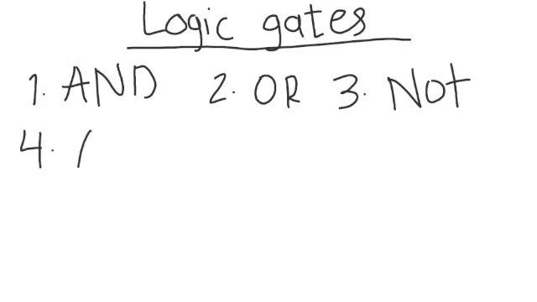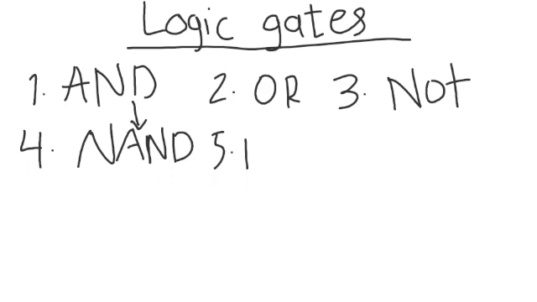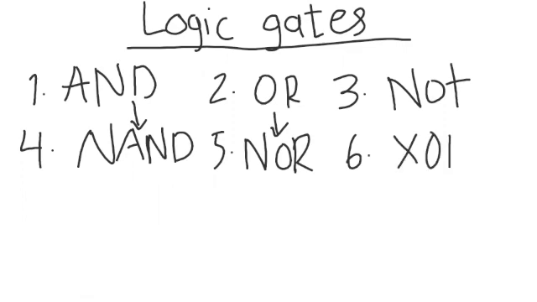Fourth is the NAND gate. Remember one thing, the NAND gate is the opposite of the AND gate. And fifth is the NOR gate. The NOR gate is the opposite of the OR gate. And the sixth is the XOR gate, which is exclusive OR.